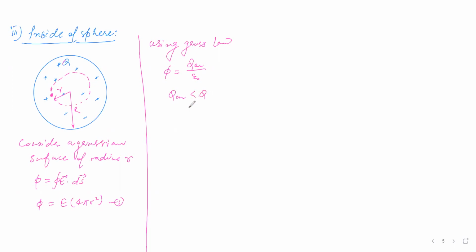If Q enclosed is less than capital Q, then what will be the volume of this charge? You can write here Q enclosed is the charge on the volume 4 by 3 pi r cube, where we are taking a small r.